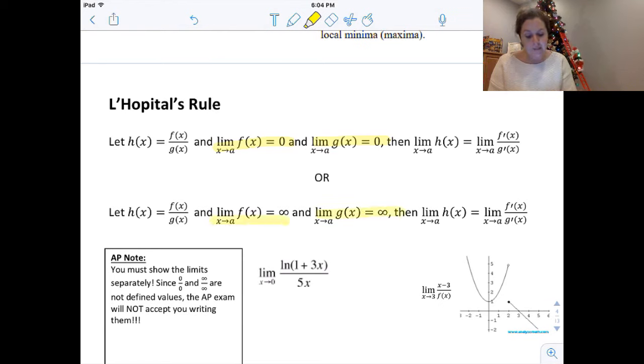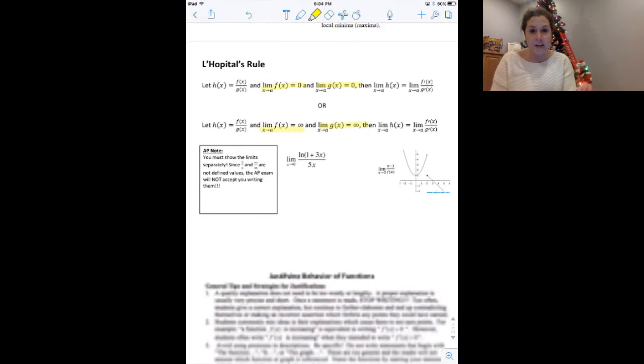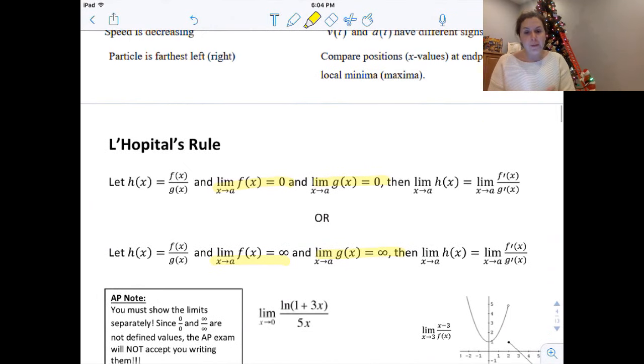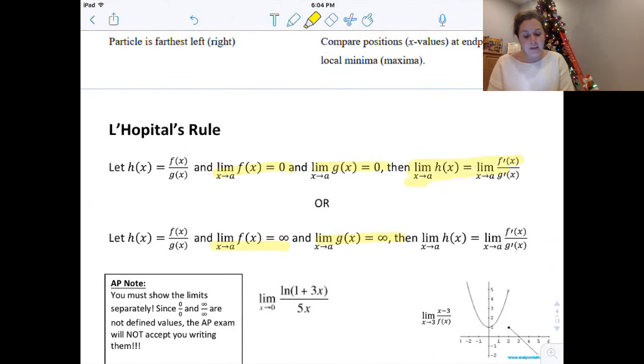So we're getting an indeterminate form, either 0 over 0 or infinity over infinity. If that happens, L'Hopital's rule says that it equals the limit of the derivative of the top over the derivative of the bottom, for either scenario.